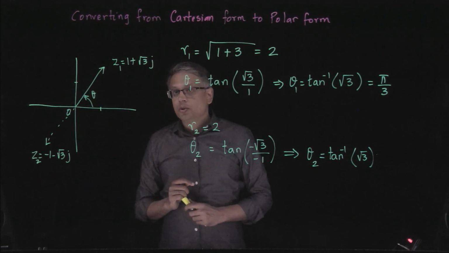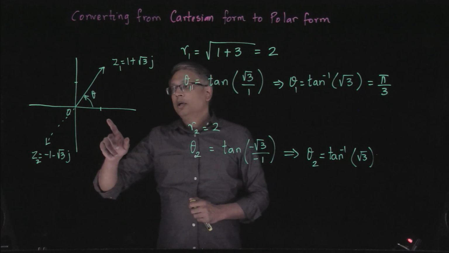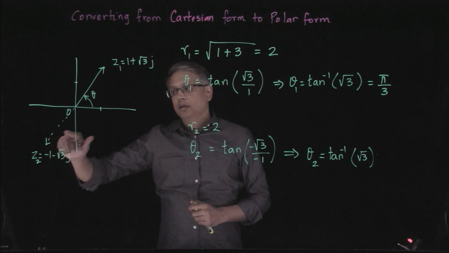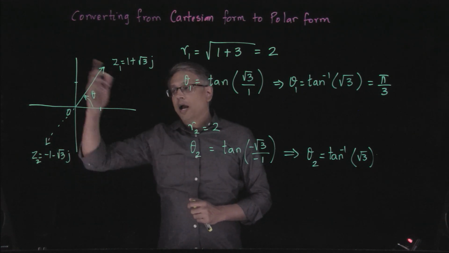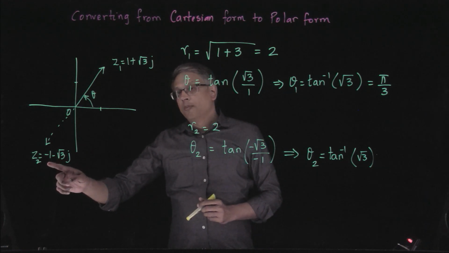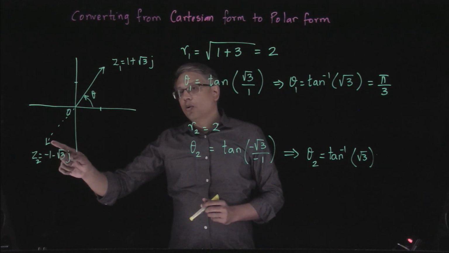And what we need to do is we need to either subtract a pi in this case or add a pi in other cases to make sure that we end up in the right quadrant.